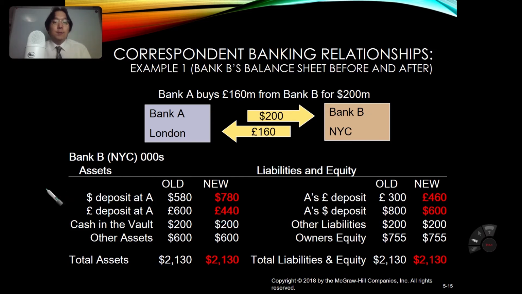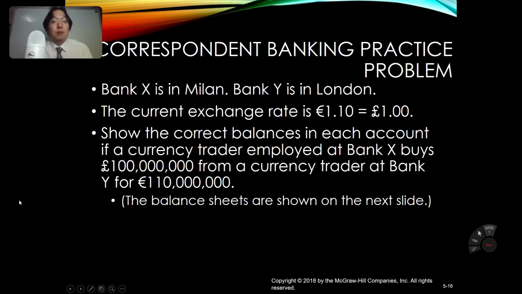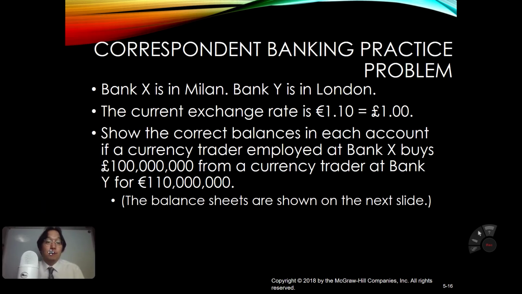That's correspondent banking, reducing transaction costs using their mutual deposit accounts in respective currencies. So that's a very convenient way of doing FX transactions in the wholesale market, by the way.